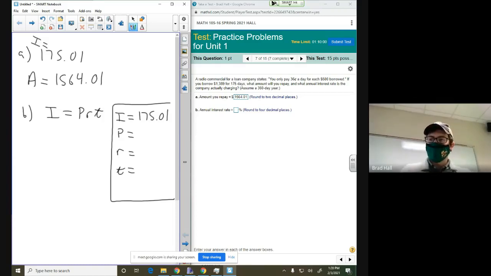The principal value is how much you borrowed, which was the 1389. The time, this is when we convert the time to years. So it was 175, but now we divide that by 360 because now we're prepping time for a formula. So that's why we are doing that now.